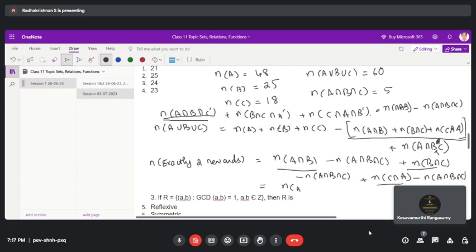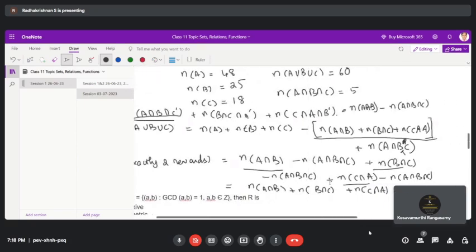The sum is N of A intersection B plus B intersection C plus C intersection A, minus 3 times A intersection B intersection C. You see A intersection B intersection C appearing 3 times.